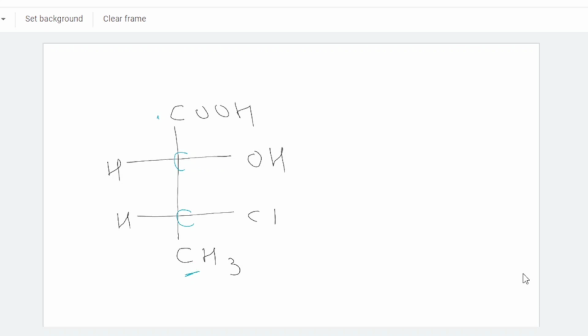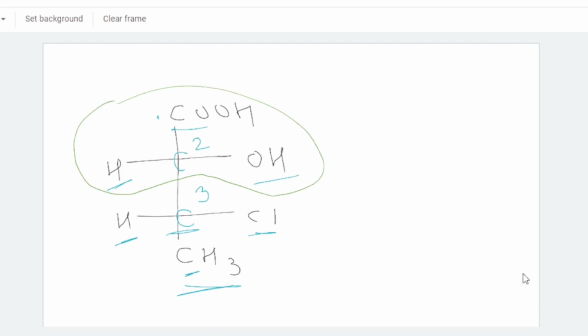So C1 and C4 are not chiral carbons, but C2 and C3 are chiral carbons. Why? C2 is connected with hydrogen, hydroxyl, the carboxyl group, and this remaining group. You can see here, so C2 is a chiral carbon. And C3 is connected with Cl, H, methyl, and this remaining portion.